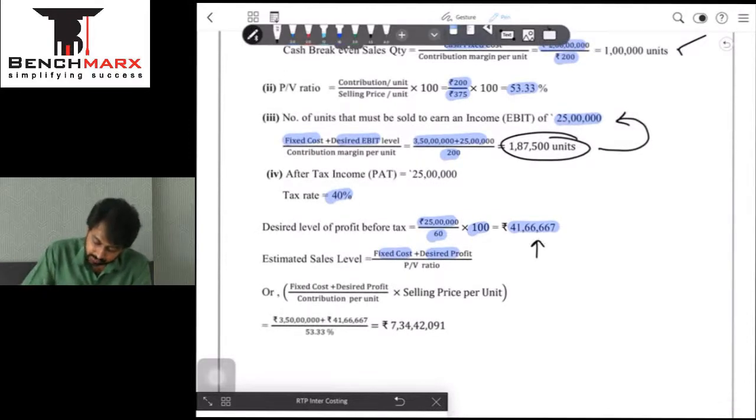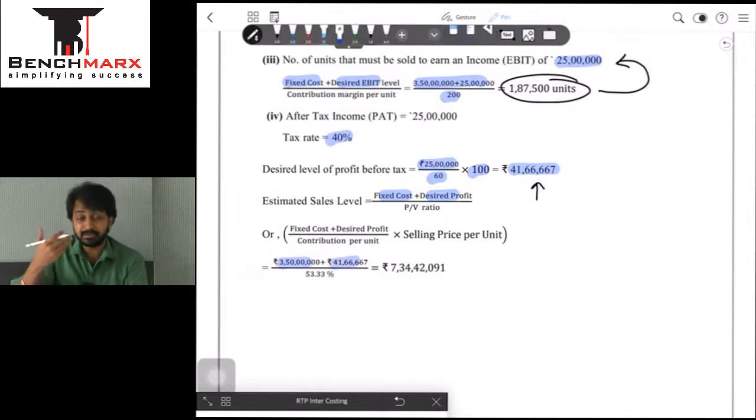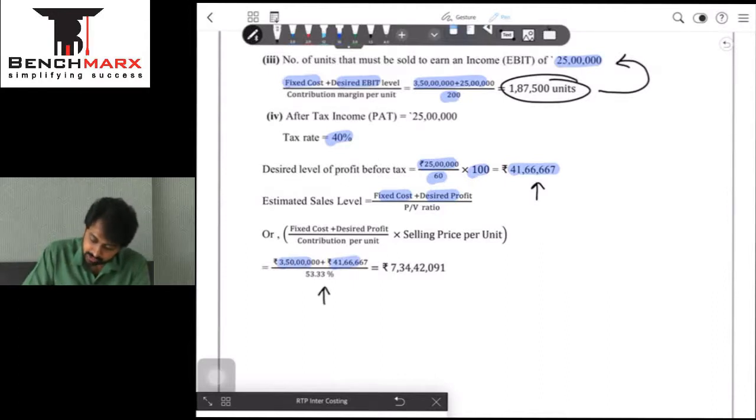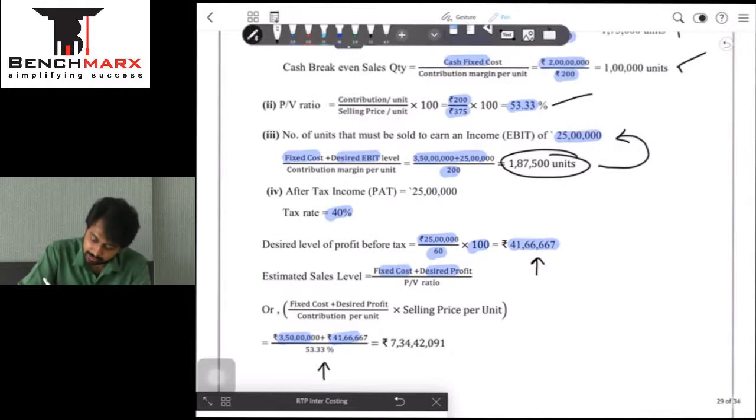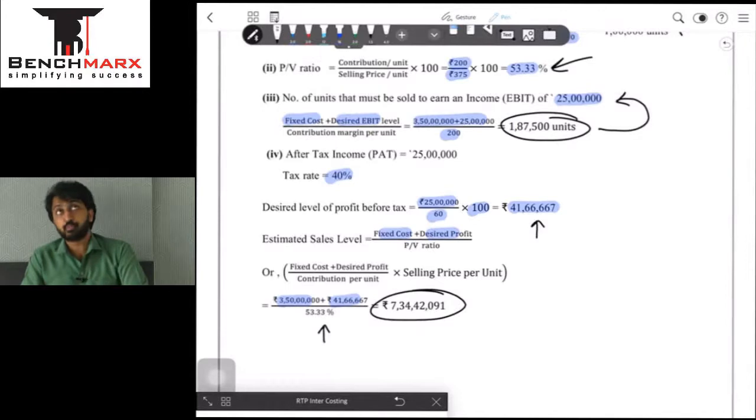Fixed cost is 3 crore 50 lakh, that is given to us. This is my pre-tax profit, because post tax we need 25, meaning pre-tax we need 41, and this I will divide by the PV ratio. PV ratio is this, obtained from here.